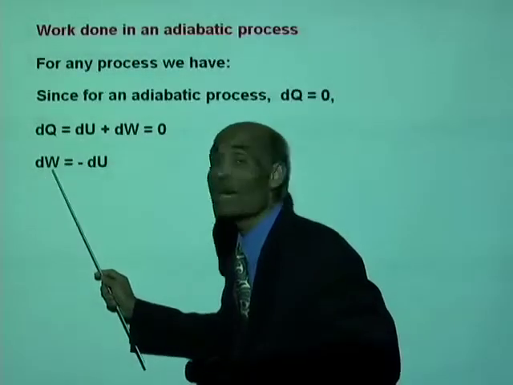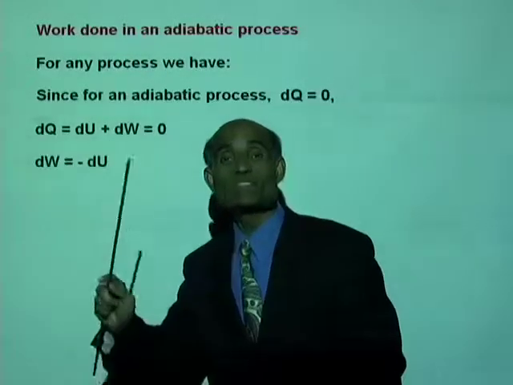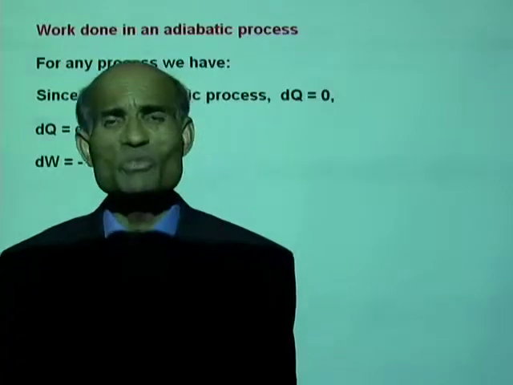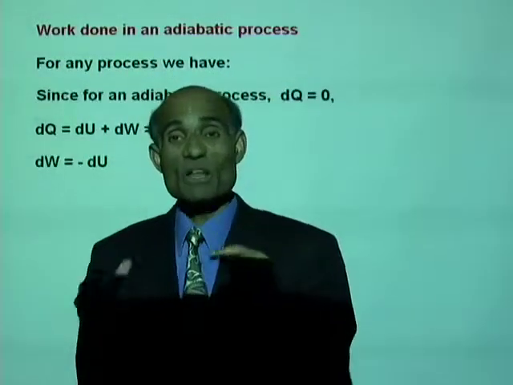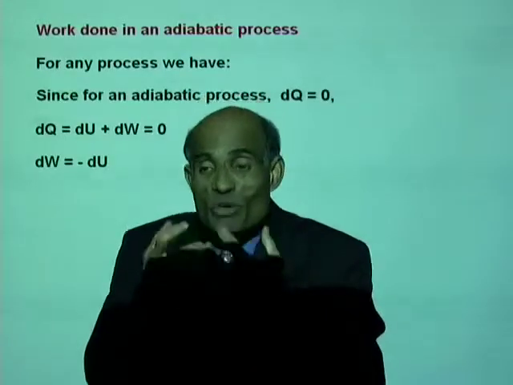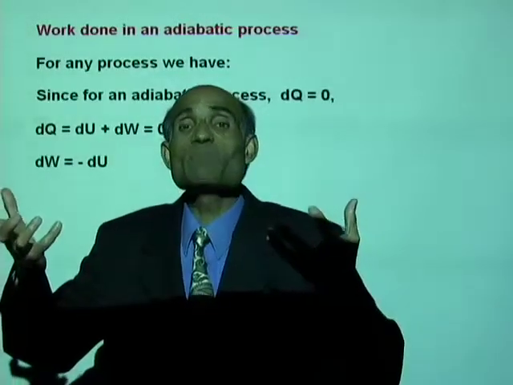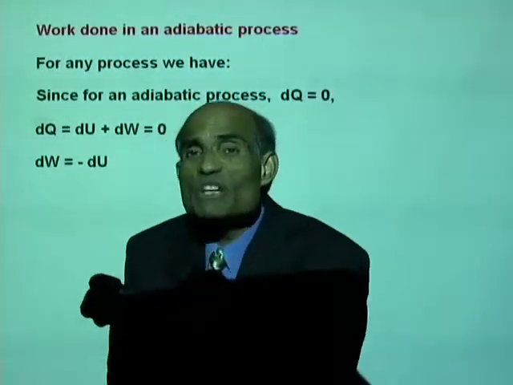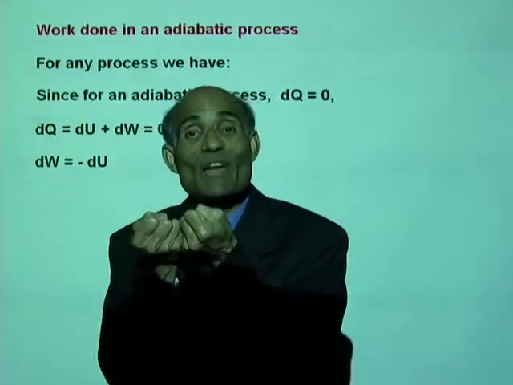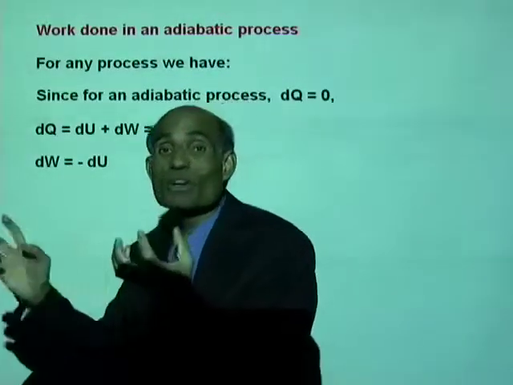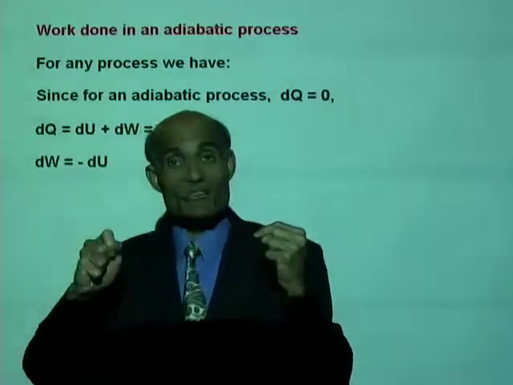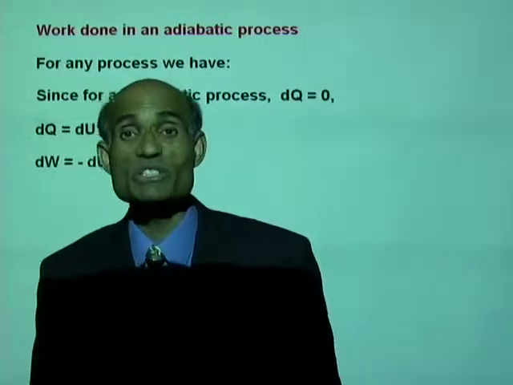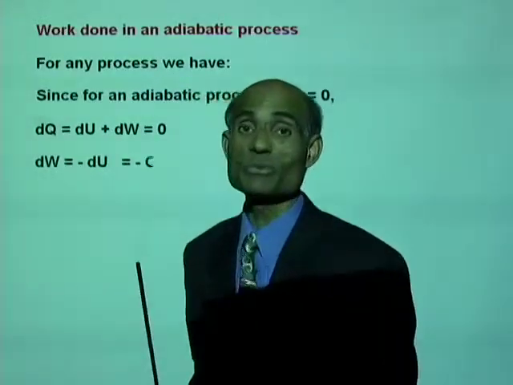Work done in an adiabatic process is negative of du. What does that mean? This is what I explained earlier. The energy for work done in an adiabatic process is actually derived from the internal energy. That means work done will result in a decrease in internal energy. dw is negative of du.